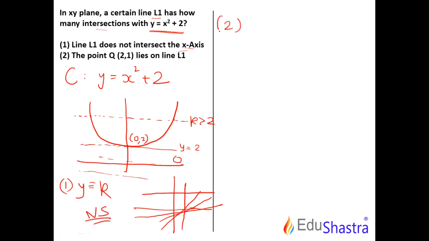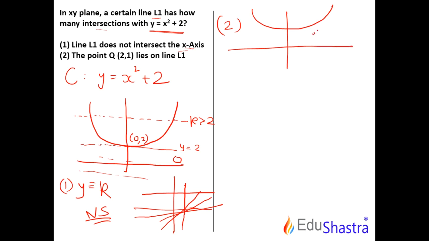From the second information, we have the point Q (2, 1) lies on line L1. Now, we know that there are n number of lines that can pass through this point. So just to interpret it more accurately, this is my parabola. This is the point (2, 1) somewhere around here.